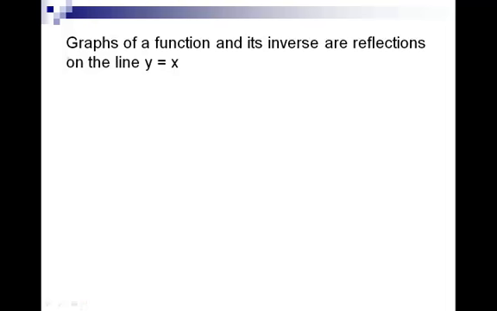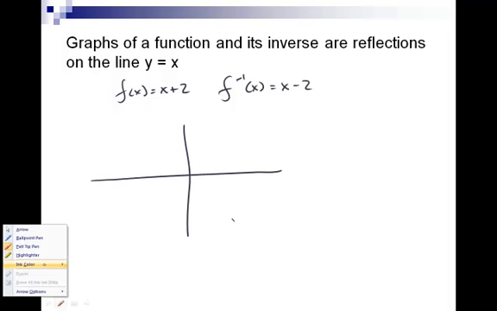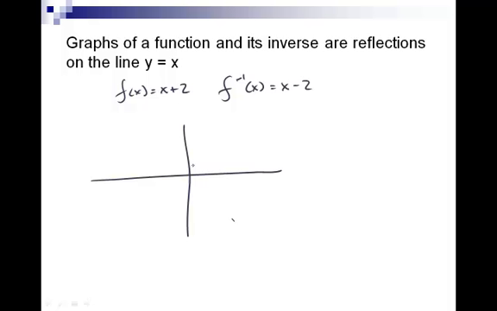The graphs of a function and its inverse are reflections on the line y equals x. Let's look at our very first, very simple example. We had f of x equals x plus 2, and f inverse of x equals x minus 2. If I graph f of x, I went up 2, and I had a slope of 1, so it looked something like this.